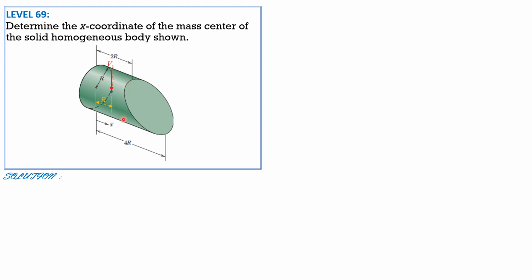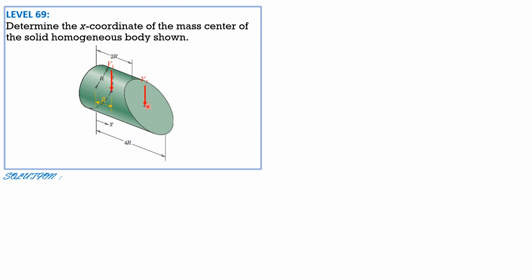Then remember that for this part, the location of centroid from the circular base along the height here is 4r minus 2r. So 2r is 5 over 16. Remember from the result in problem 68, 5 over 16 of h, and h is 2r. So I'll just call that V2.